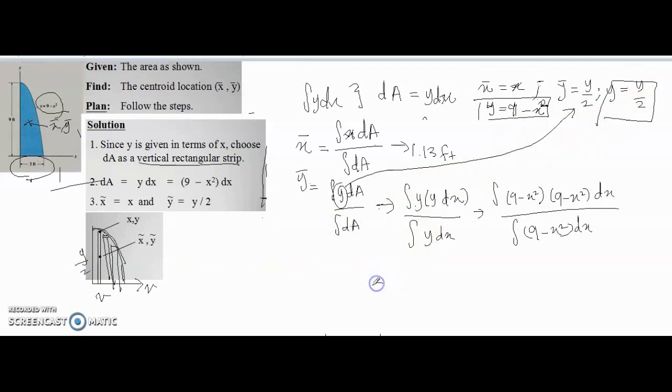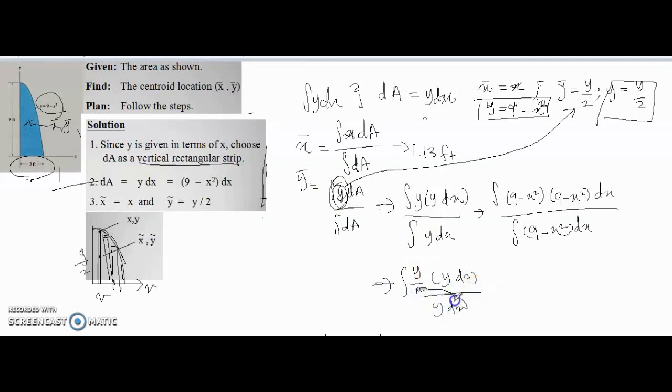So this becomes, but before that, please remember that this is particularly for this y only. This is a y bar also. So the y bar, we already generalized it, become the half y. So this y bar will become y over 2, then y dx, y dx.